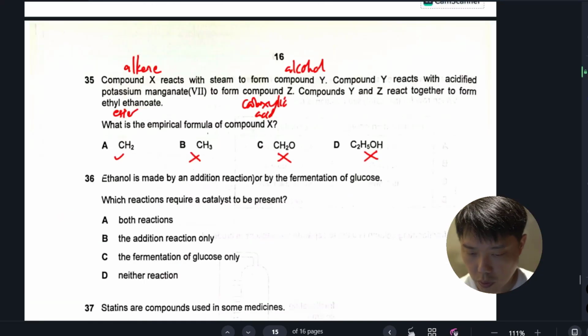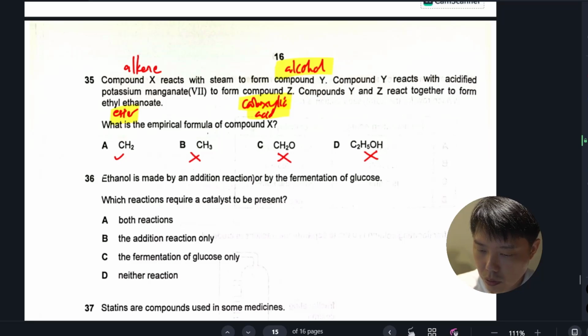Okay, so question 35. Compound X reacts with steam to form compound Y. Compound Y reacts with oxidizing agent manganate to form compound Z. Compound Y and Z react together to form the ester ethyl ethanoate. So with ethyl ethanoate, you can work backwards. This is the ester. Ester must be formed from a carboxylic acid and alcohol with concentrated sulfuric acid as catalyst.